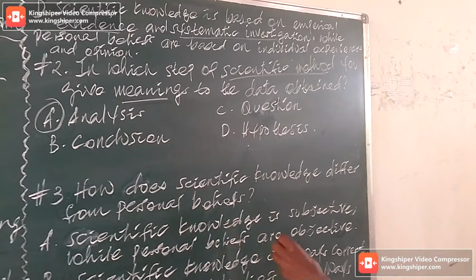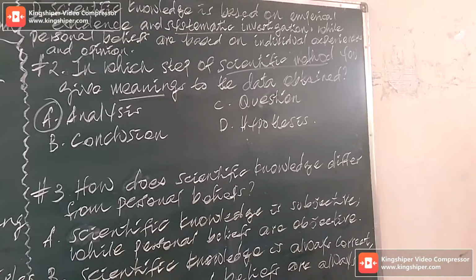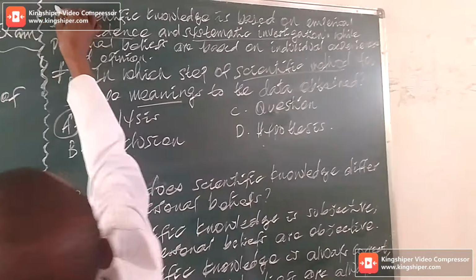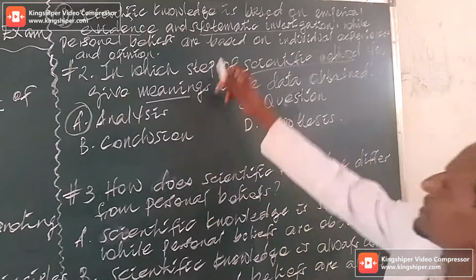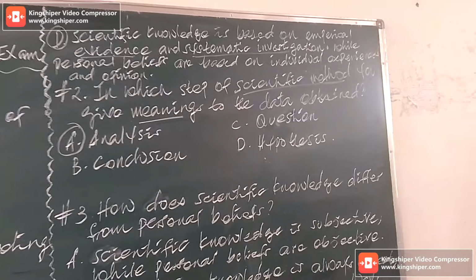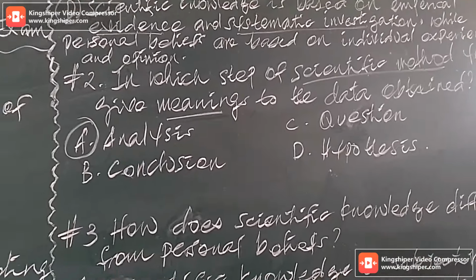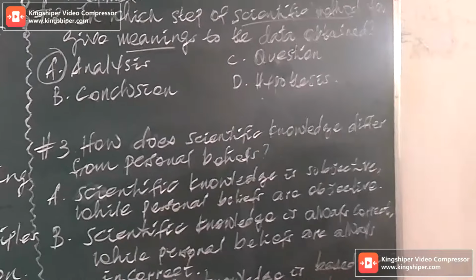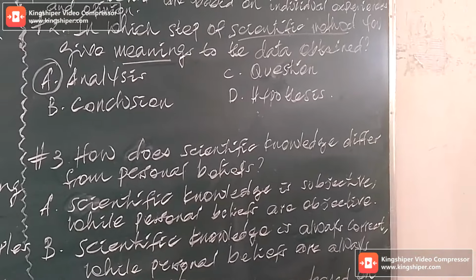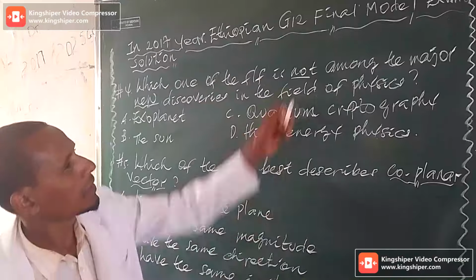According to this, when comparing scientific knowledge and personal beliefs, the correct answer is D. Scientific knowledge is based on empirical evidence and scientific investigation. So the correct answer is D. Let us go to the next question.